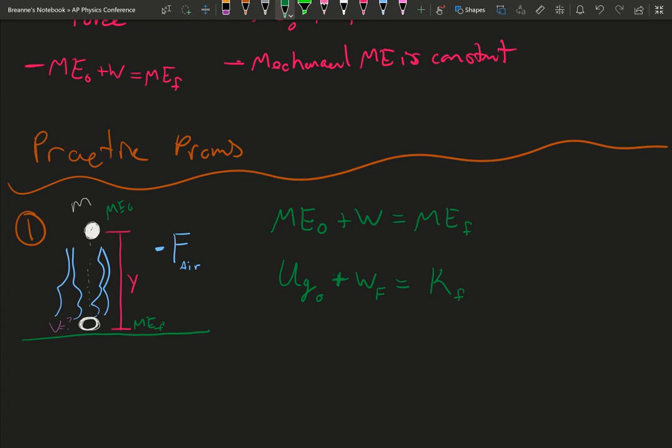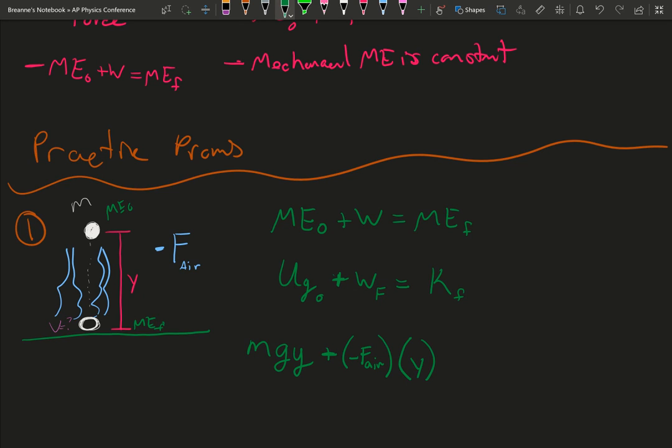Now looking at our work, we can expand, so it'd be mass times gravity times our height, plus, in this case, a negative force times our distance, which is the same thing as our height.